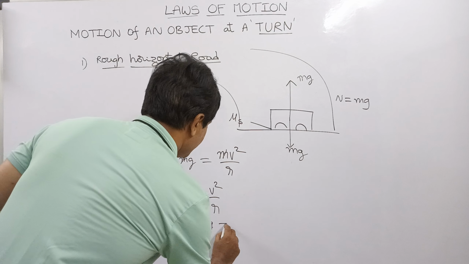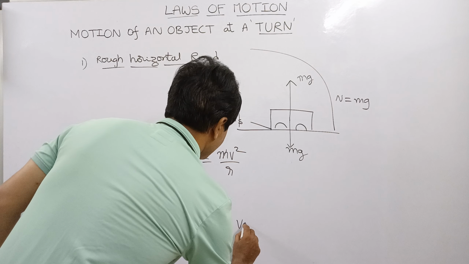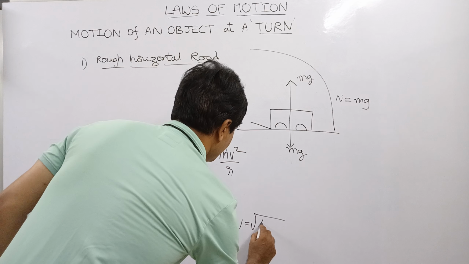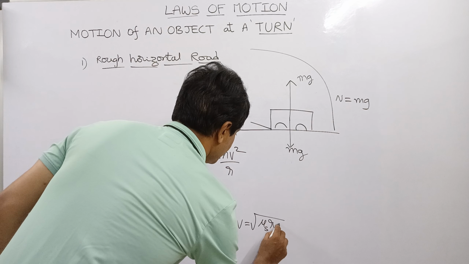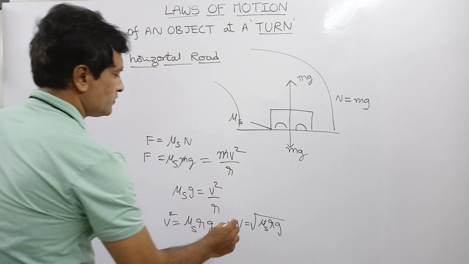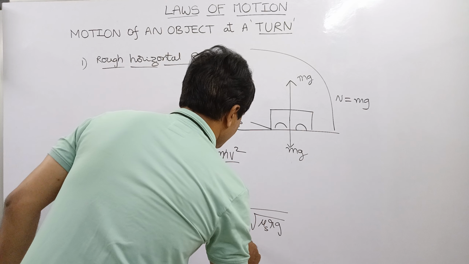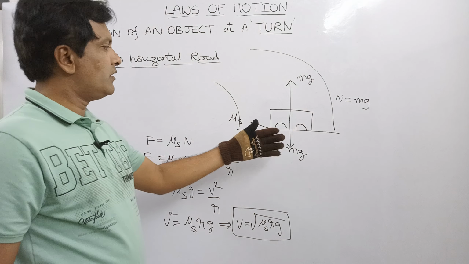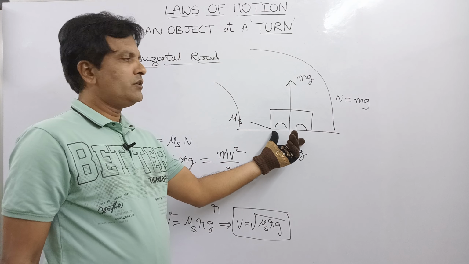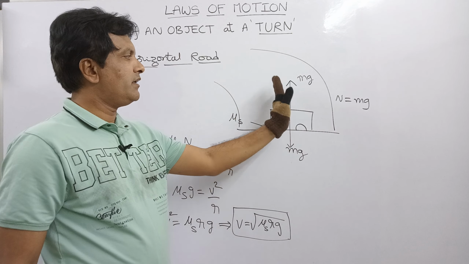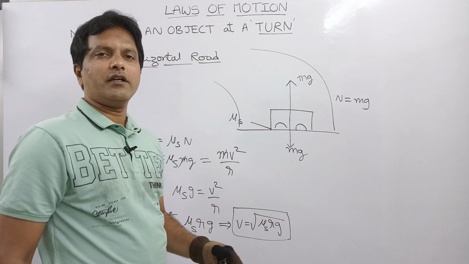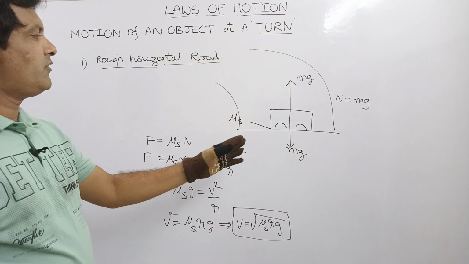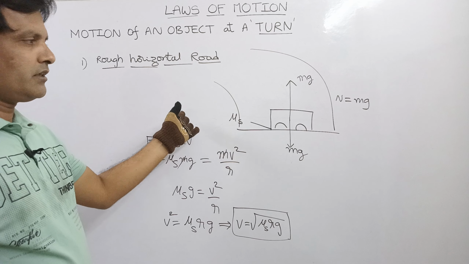So this implies v is equal to root of mu s r g. This is the velocity with which a vehicle moving on a rough level road must take a turning without falling away.